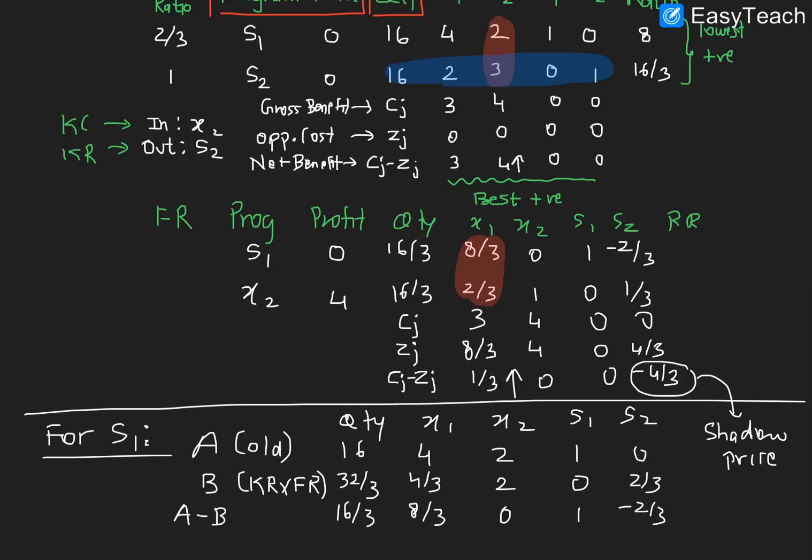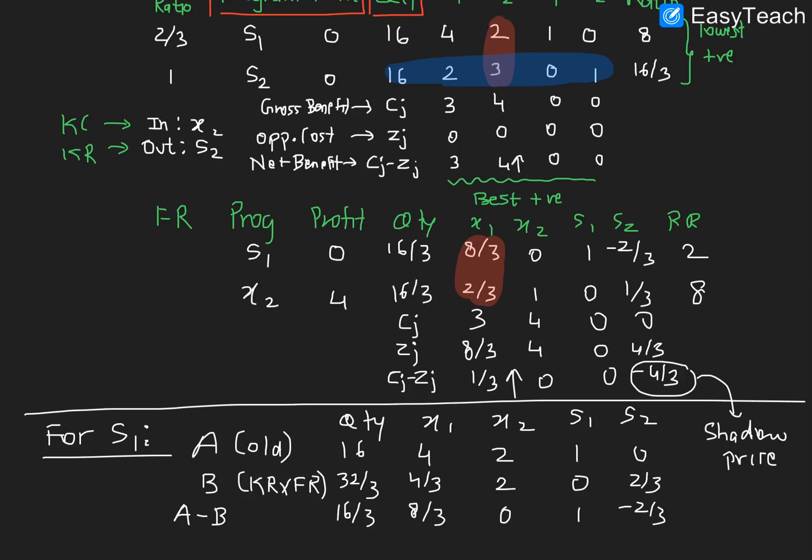Then the next thing that we do, as we already know, is to see how many units of x1 is to be produced. For that we calculate replacement ratio. And how do we calculate the replacement ratio? It was simply quantity divided by x1. So quantity divided by x1, so 16 by 3 divided by 8 by 3, that's 2.